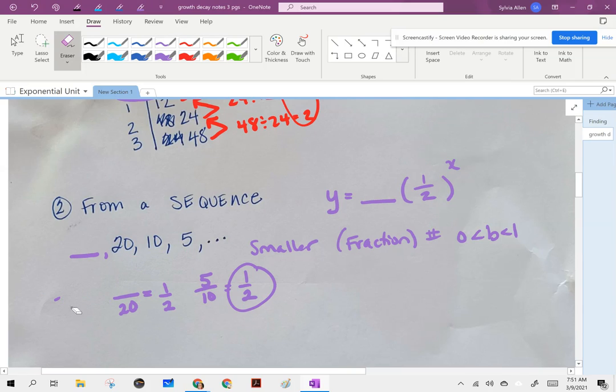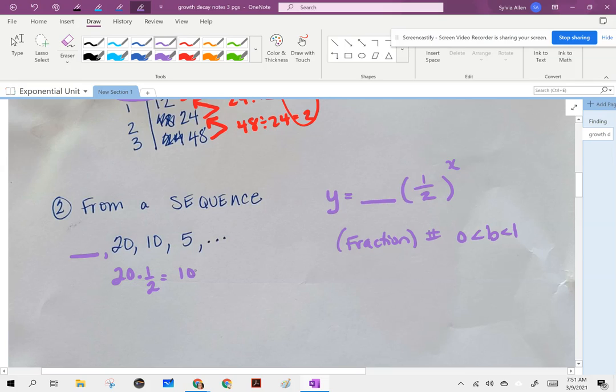I can also do this just to double check. I can go 20 times 1/2, right? So half of 20 is 10, which gives me that term. Then I could go 10 times 1/2. Well, half of 10 is 5, and it gives me that term.